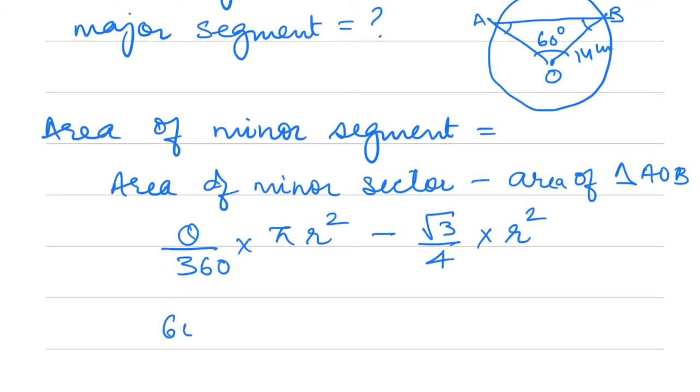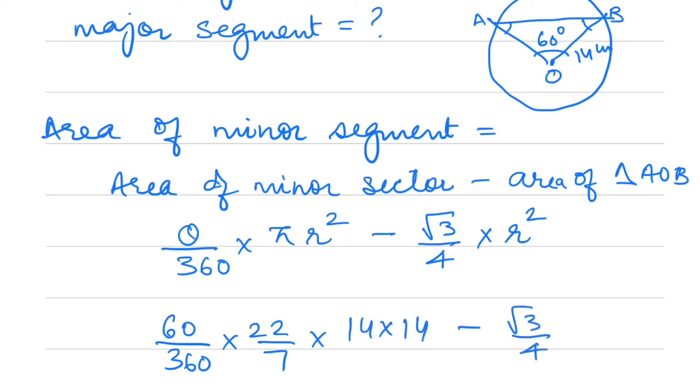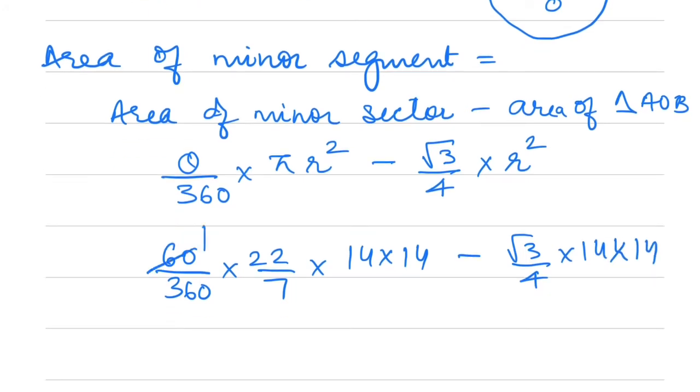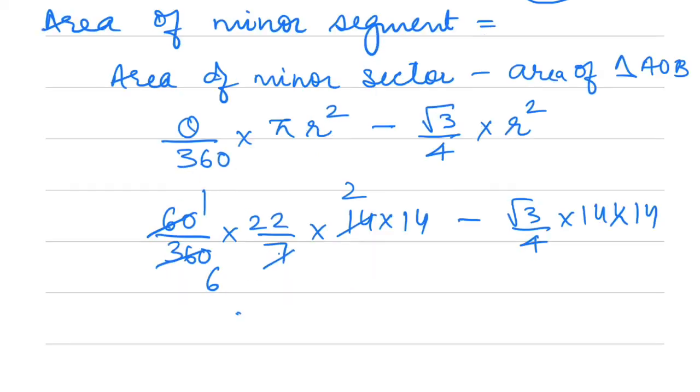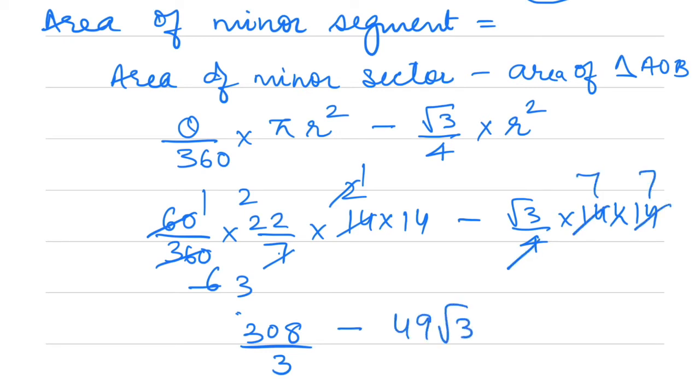So we have 60 by 360 into 22 by 7 into 14 into 14 minus root 3 by 4 into 14 into 14. Now we have this as 1 by 6 and this is 2, 2, 3, 14 2s are 28, 28 and 30. So 308 by 3 minus 7 and 7, 49 root 3.